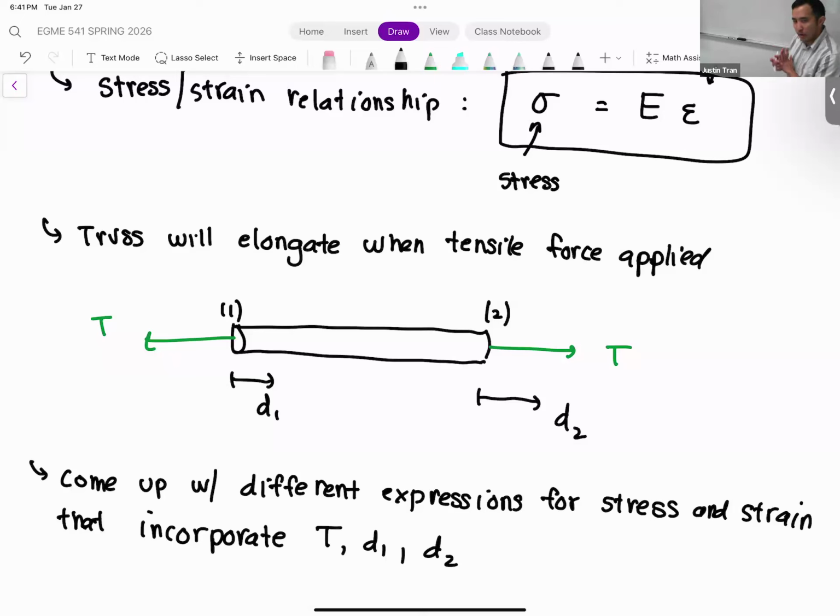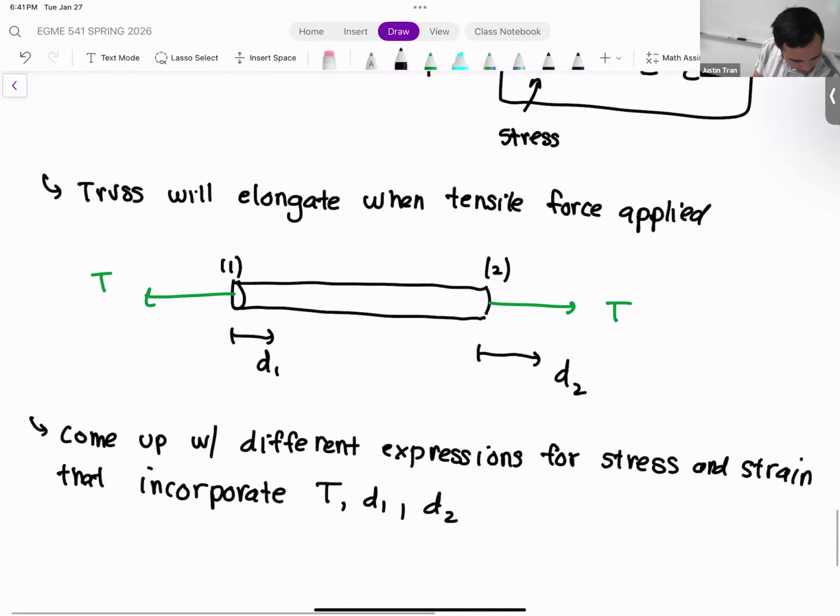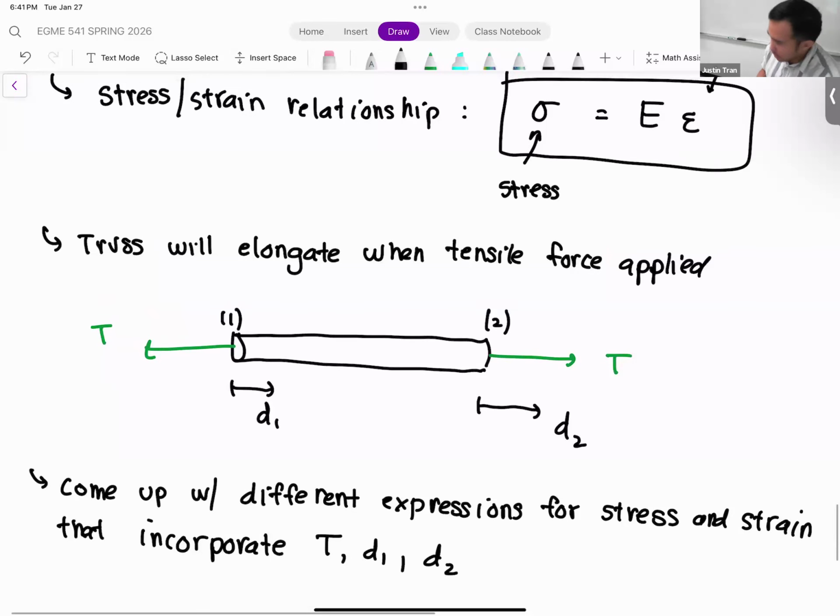Because once we do that, we'll have our equations that we need to get our element stiffness matrix.